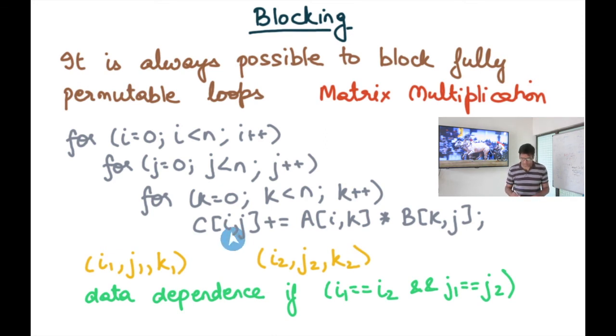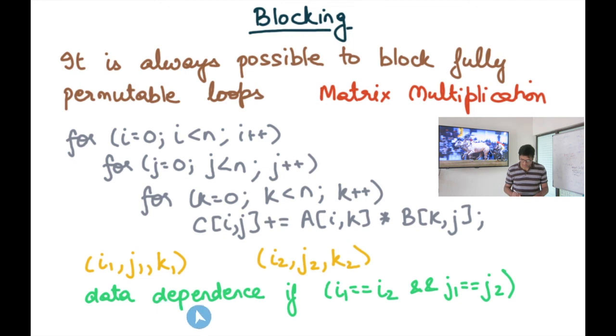First of all, the data dependence can only come from C because A and B are only being read. It's only C that's being written and also read. And so all the read after write, write after write or write after read dependencies can come only from C. Moreover, if (i1, j1) is different from (i2, j2), there are different locations being written. So the two iteration points are data independent anyway.